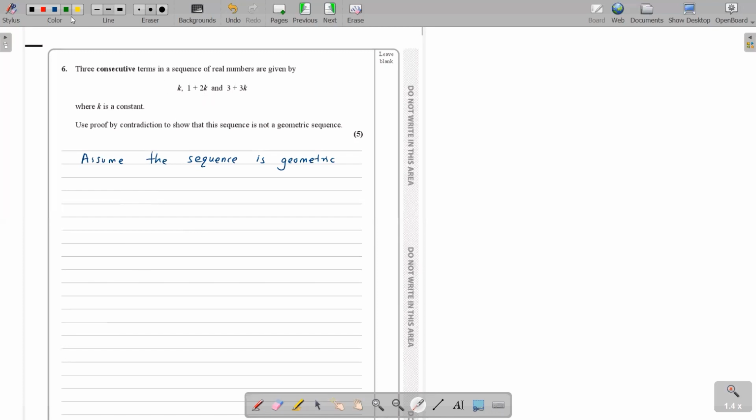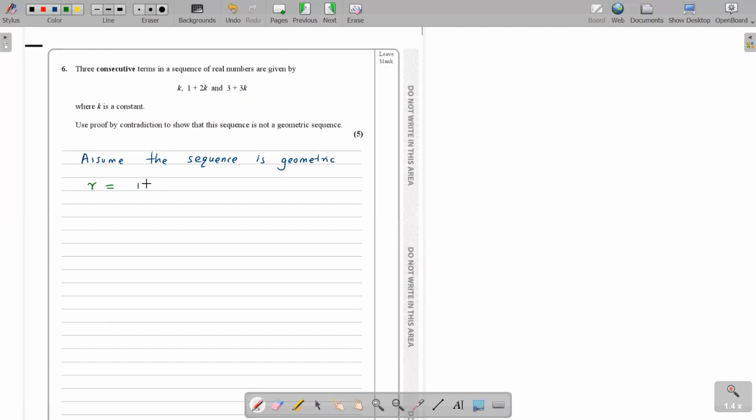We can take the common ratio. A geometric sequence has a common ratio. So we can divide and get the common ratio, and since we assume it's geometric, the common ratios between each and every pair of terms must be equal, right? So then what's the common ratio?